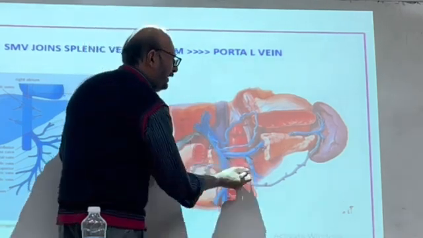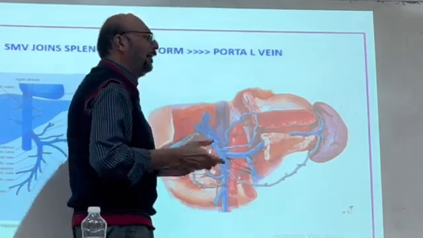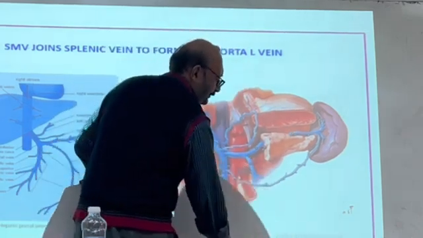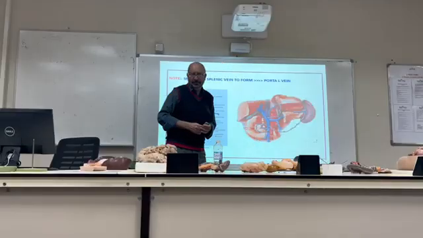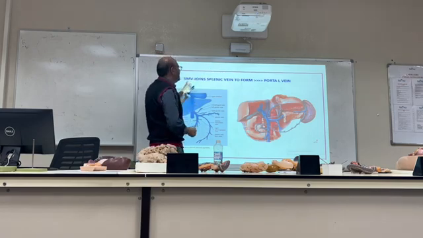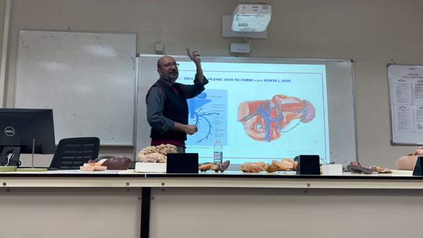Or sometimes, rarely, it can join here in the superior mesenteric vein. But the classical is like this. We can have some variations, so no problem. If there are variations, still no problem. The drainage is good. But ideally, classically, the superior mesenteric vein joins with the splenic vein to form the portal vein.